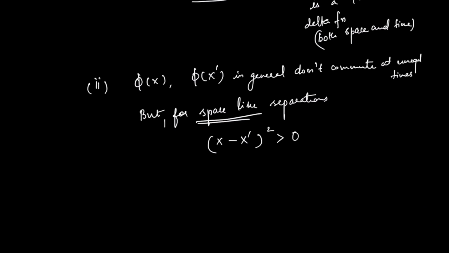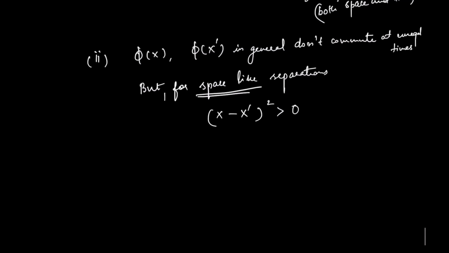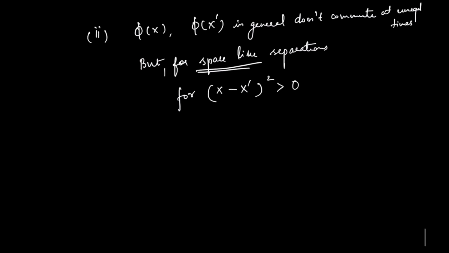But for space like separations, that is for x minus x prime whole square greater than 0, what happens? They commute. The commutator of phi of x and phi of x prime is equal to 0. So this is a special case.